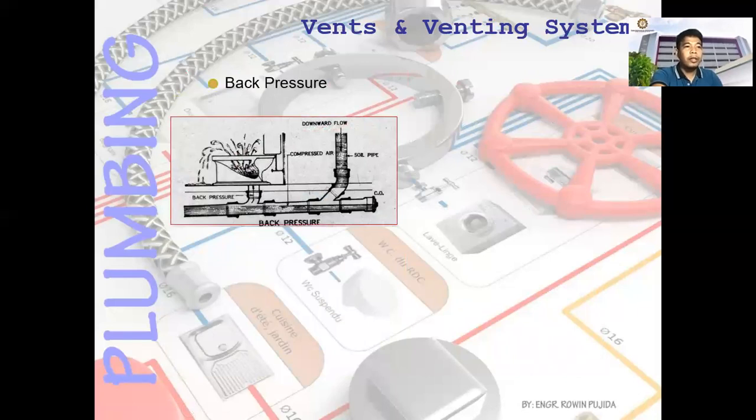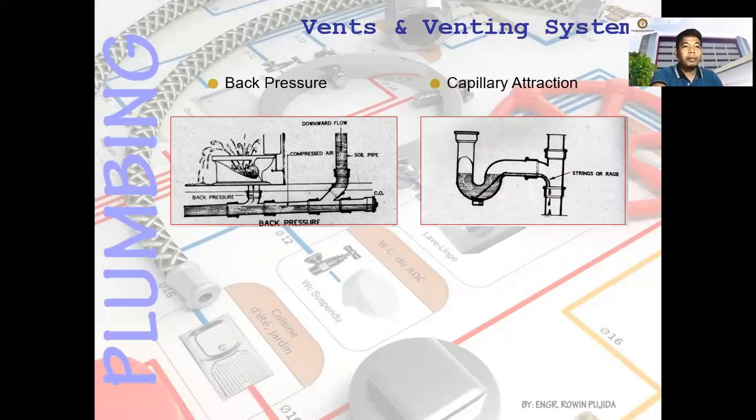This is the back pressure. Okay, since you have the pressure here from your upper level, if the pressure is high, you can have the back pressure here in your fixtures.